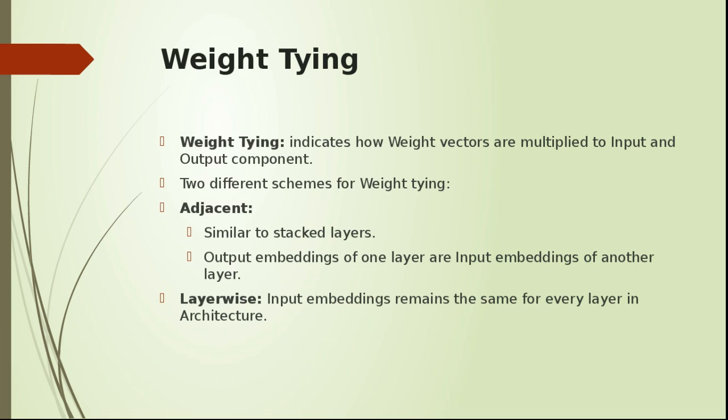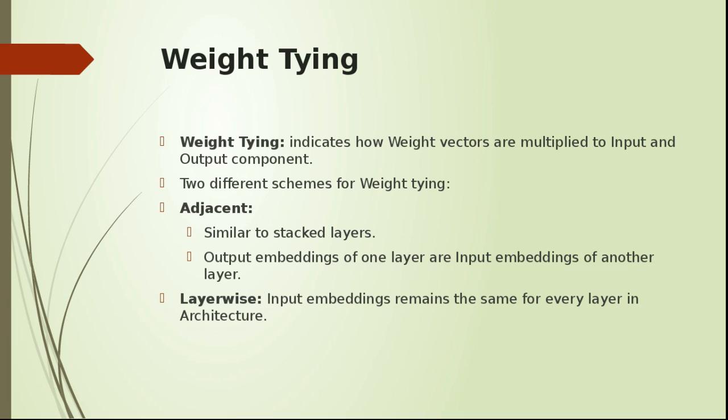Another very important thing in memory networks is weight tying. Weight tying is how you multiply your weight matrix in neural networks with the input and the output functions. They have provided two different types of weight tying: adjacent, which is similar to stack. In adjacent weight tying, you pass the output weights of one layer as input weights to another layer.